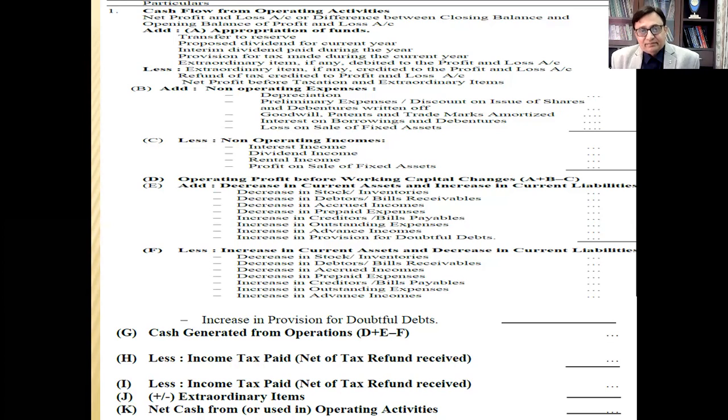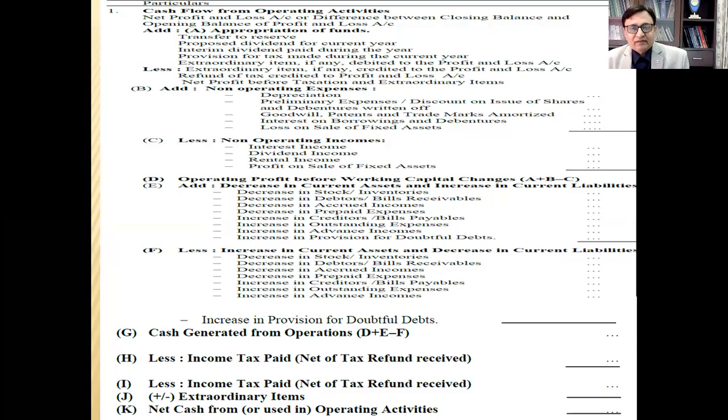In the direct method, we will find out from the various sources the various receipts of cash relating to the operating activities, and the various payments of cash related to the operating activities, and finally we will arrive at the figure of cash from operations.